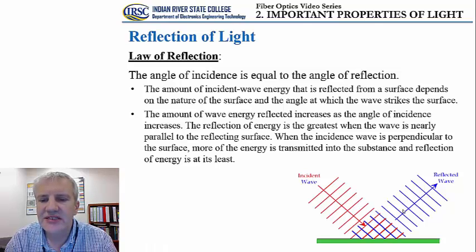If we establish the axis that's perpendicular to the boundary between the two media at the point where the incident wave hits the boundary, and then measure the angle between that axis and the incident wave, that angle is called the angle of incidence. Similarly, we can establish the angle of reflection. That is the angle made by the axis perpendicular to the boundary and the direction of the reflected wave. These two angles are always equal to each other according to the law of reflection.